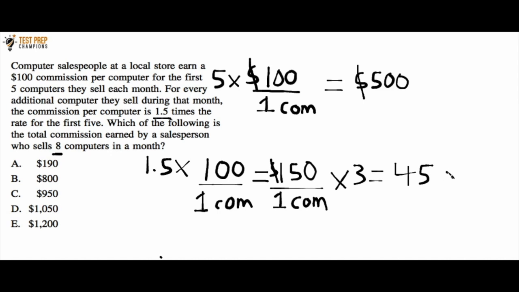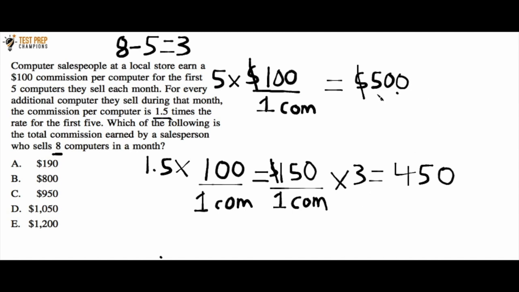Now, I know that perhaps you might be wondering, why did I multiply this by 3? Well, remember, we had 8 computers total, and we figured out the commission for the first 5, which leaves us with 3 remaining computers that we have to figure out the commission on. That's why we multiplied by 3 here.